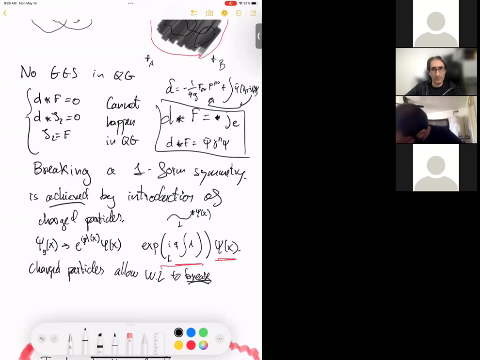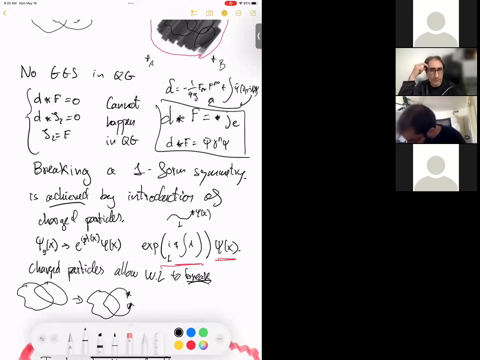Now, I think Sarok was making this point like, what if I can contract the line to a point and there's no charge? And I was telling him, well, if you link them like that, then you cannot do that. But now that I added charged particles, you can, because you can do something like this. You can just open lines. You can put a charge operator here, and you can just open.